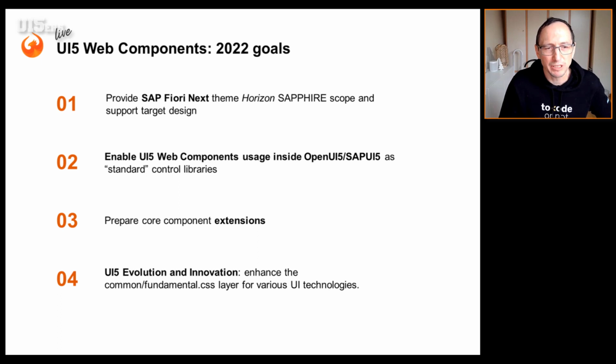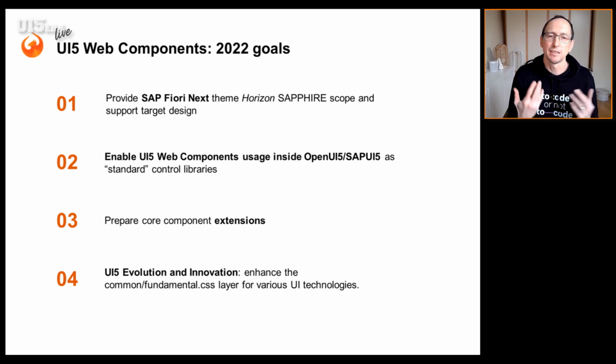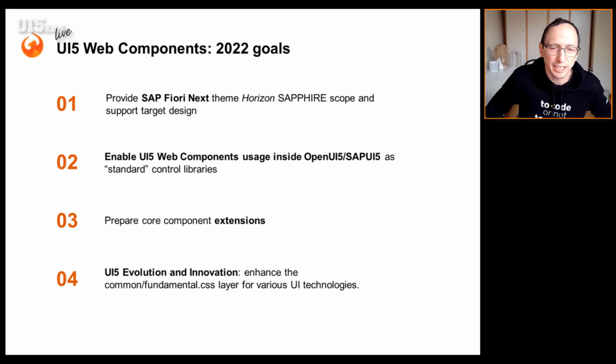It's also very important that, from the very beginning, we think of an extension concept. That means we build web components that adhere to the core design system of SAP. However, in SAP lines of business or on the customer side, you might want to enhance and extend controls. With web components, we also want to put this on a robust foundation so that it is possible and works nicely.